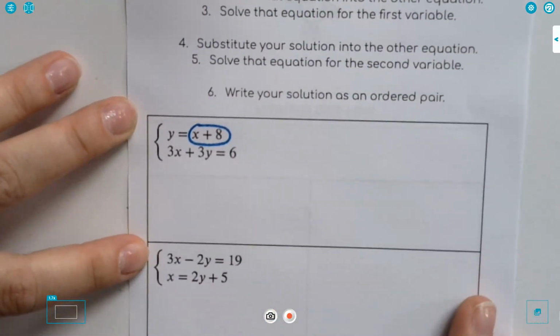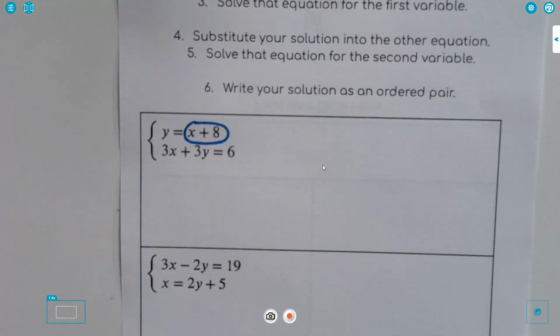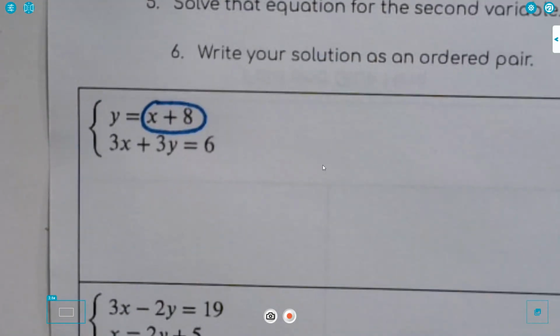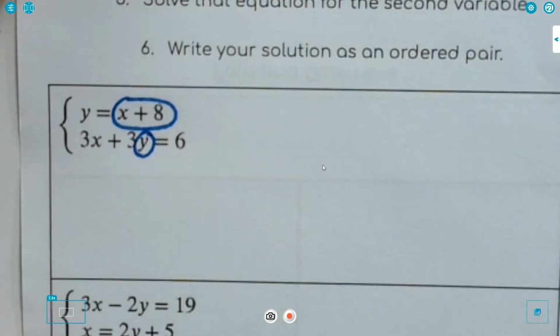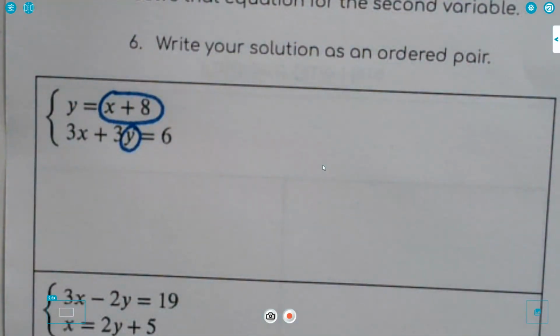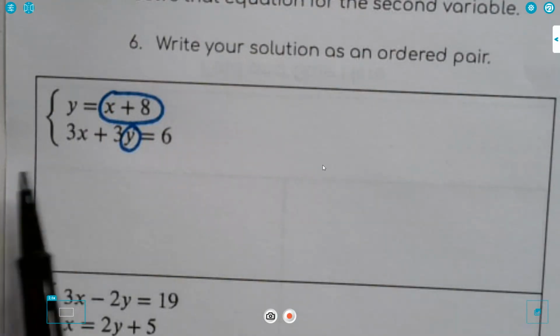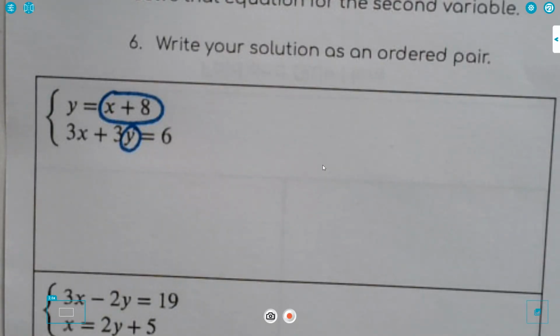Because we know y equals x plus 8, we are able to plug that in for the y in the other equation. So we're able to replace this y right here with an x plus 8, because we know that y is x plus 8. So we are going to rewrite our entire bottom equation, but where that y is, we are going to plug in an x plus 8.